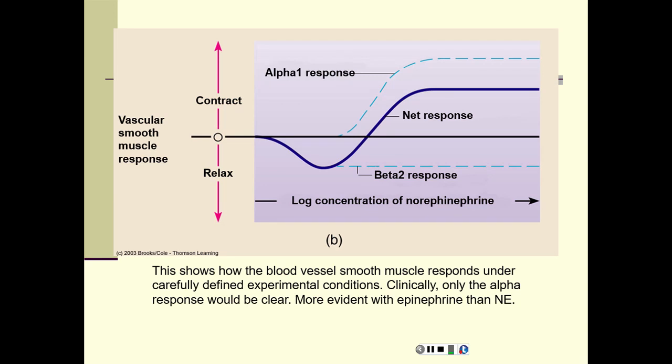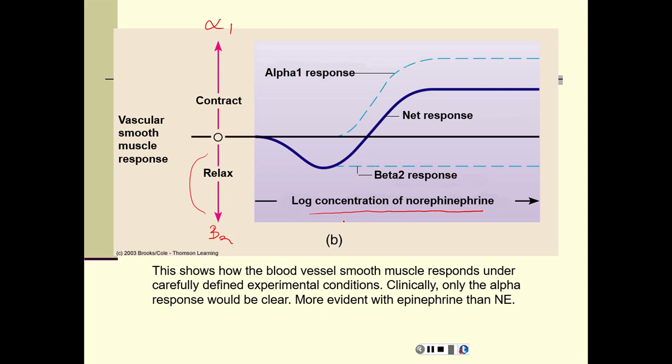And what is shown here, if you look at the y-axis, is: does the vascular smooth muscle relax, right? Do you see the beta-2 effect, or does it contract? That's the alpha-1 effect. And what happens as a result of how much norepinephrine, could be epinephrine as well, how much do you give, right?